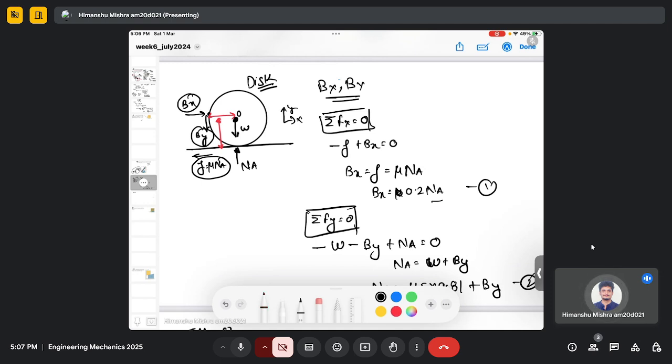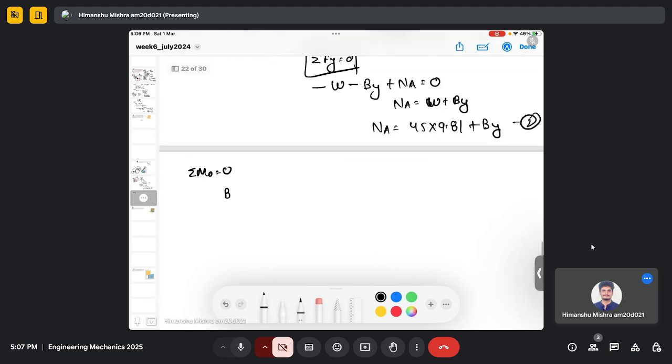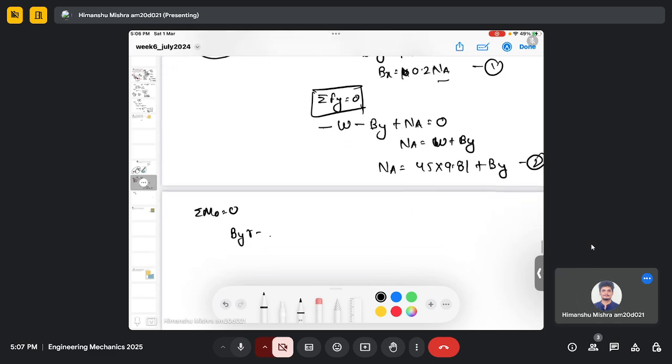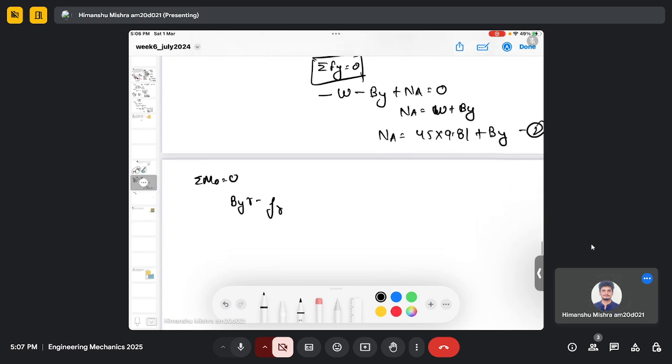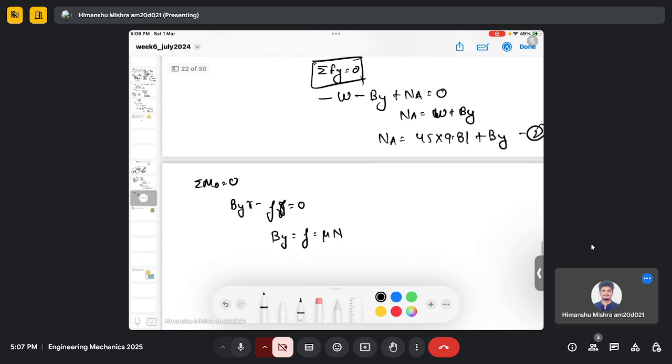So this will be By r minus F r equal to 0. This will give you By equals F, which equals mu Na.